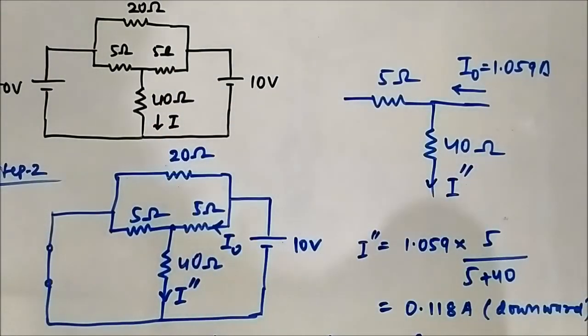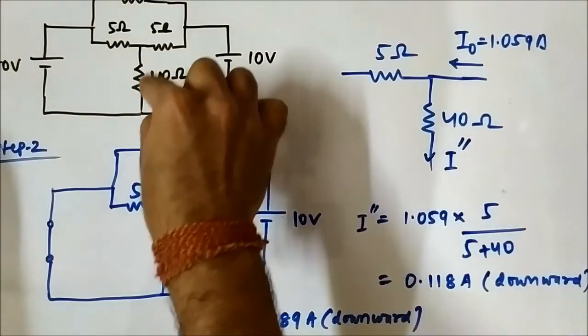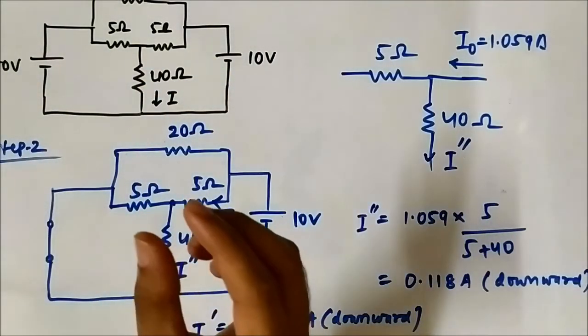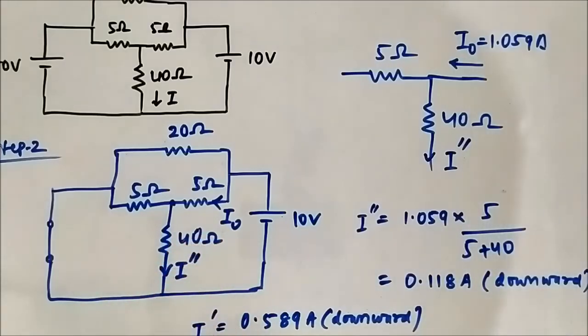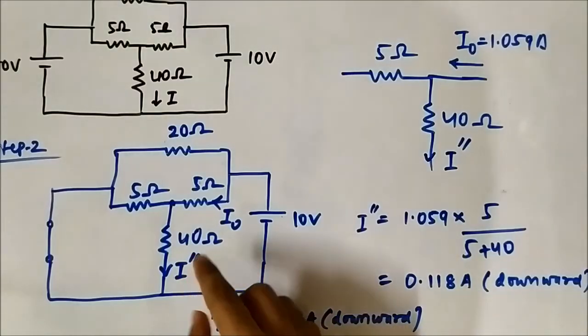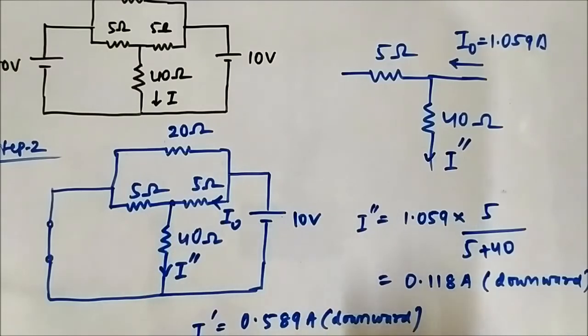Direction is downward. Now, an important thing which I would like to tell you is that the direction of current which is there in the question is fixed. We cannot change that. It is downward. But the direction of the currents that we take while applying the superposition theorem is in our hand. We can take it in any direction as we want.